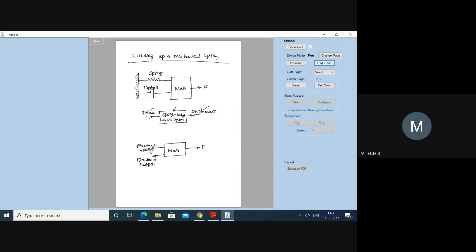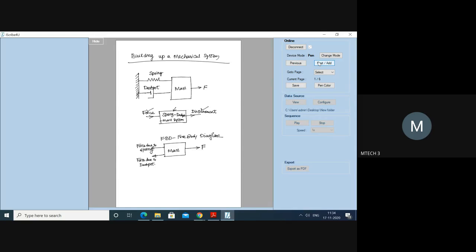Now this represents what is called the free body diagram for the system: the diagram of the mass and the forces acting on it is called the free body diagram.